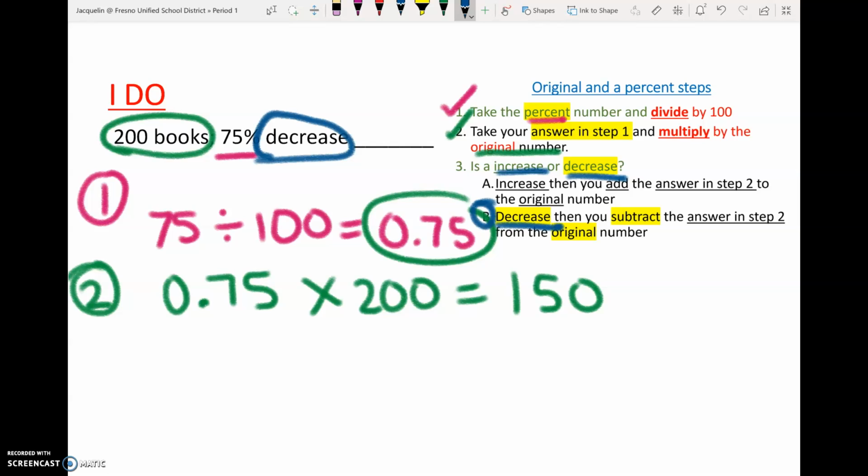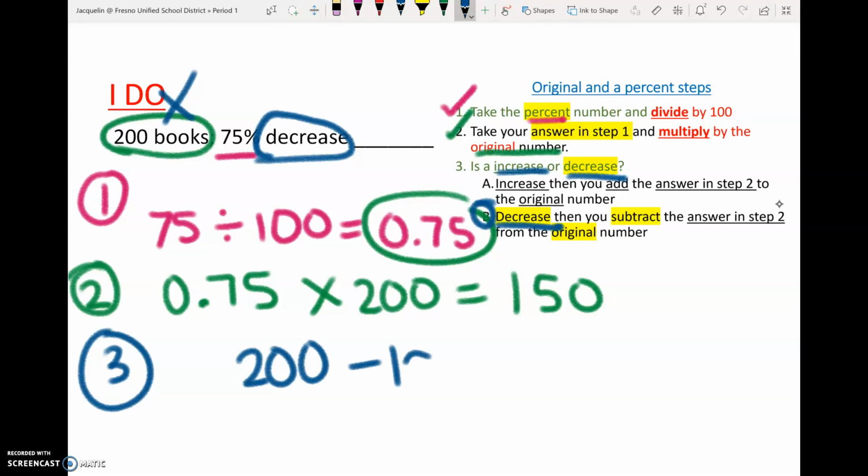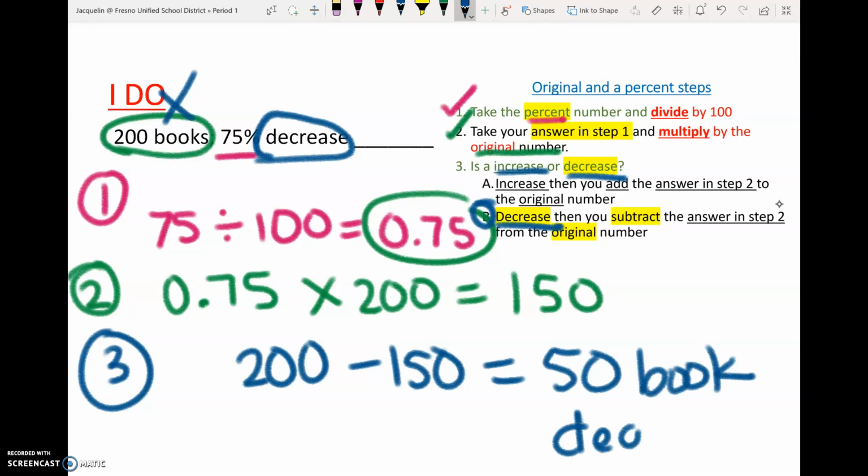Where's my original number? This is my original number here. So we're going to take 200, step 3. We're going to take 200, subtract 150. That equals 50 books decrease. Your answer is 50 books decrease.